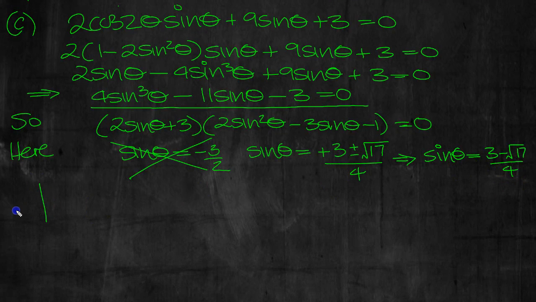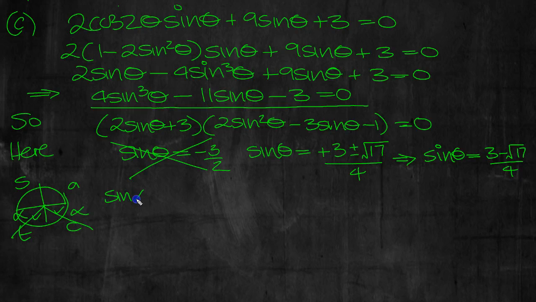So let's draw a circle, right, CAST. Sine is positive here and here, so it's negative there and there. Draw 2 lines, mark off alpha, the associated acute angle, and simply write sine alpha is equal to 3 minus root 17 over 4. So we can do shift sine on this now.